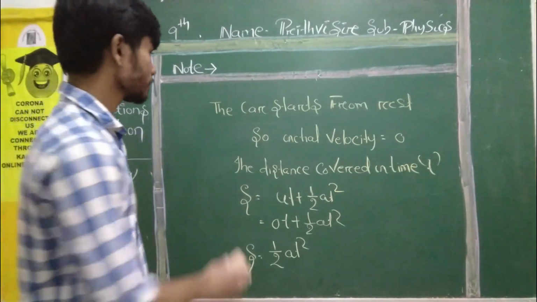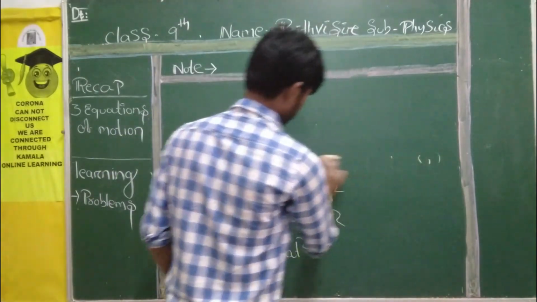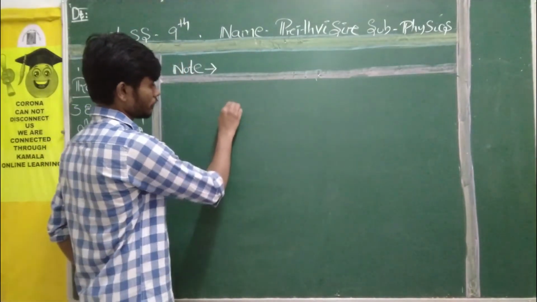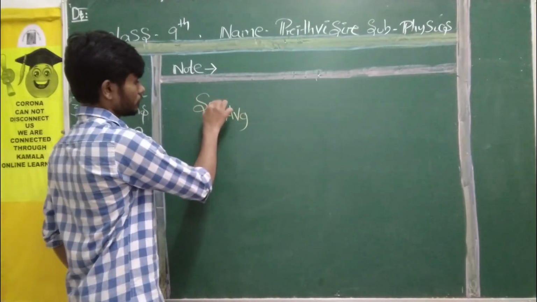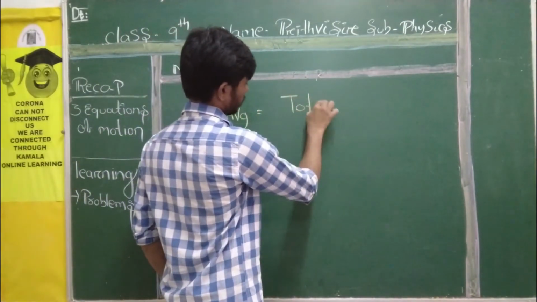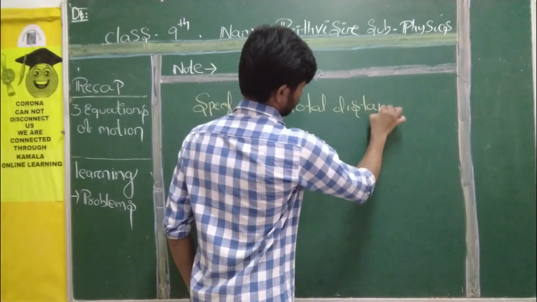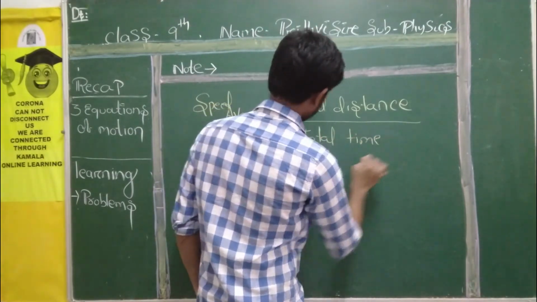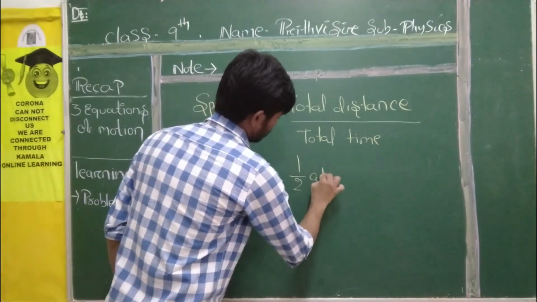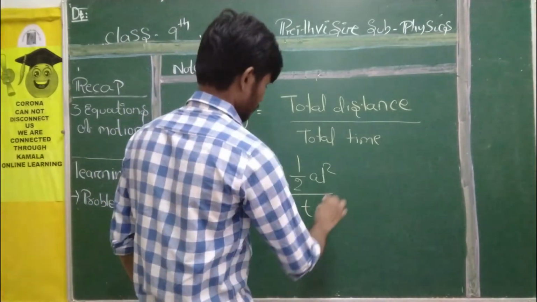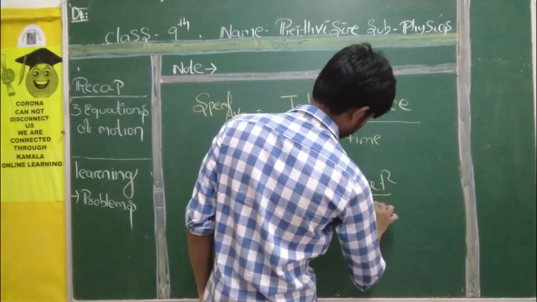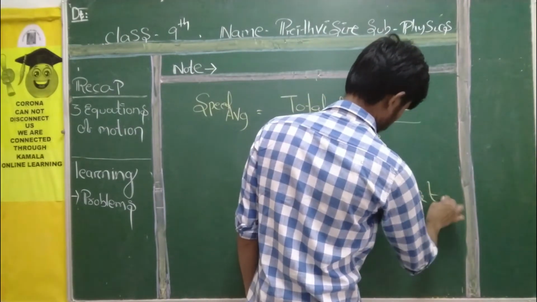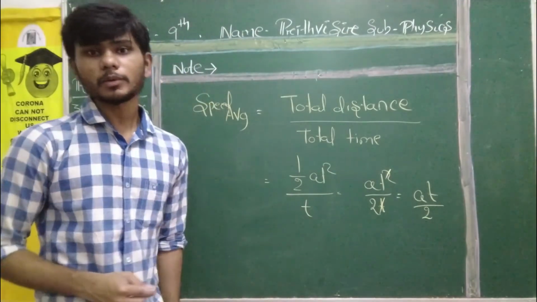Total distance by total time taken. Your answer is at by 2.